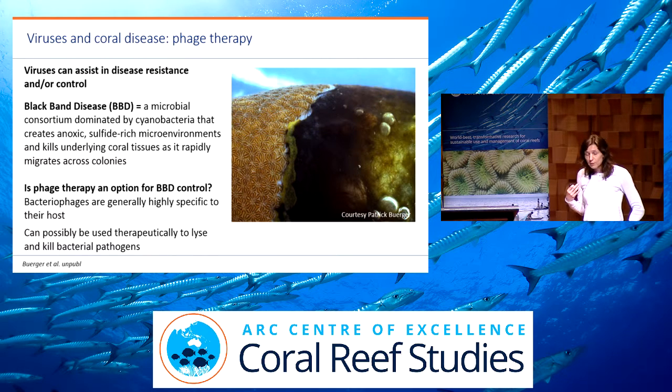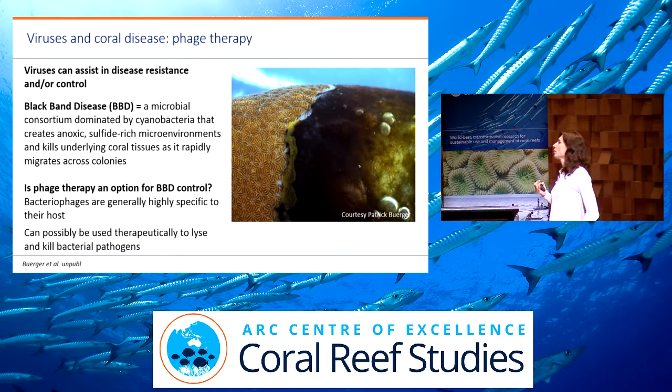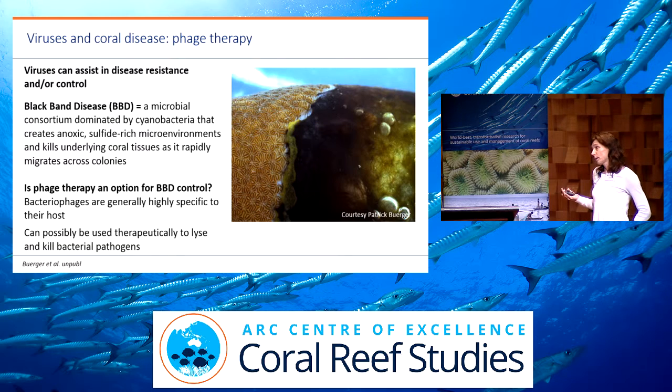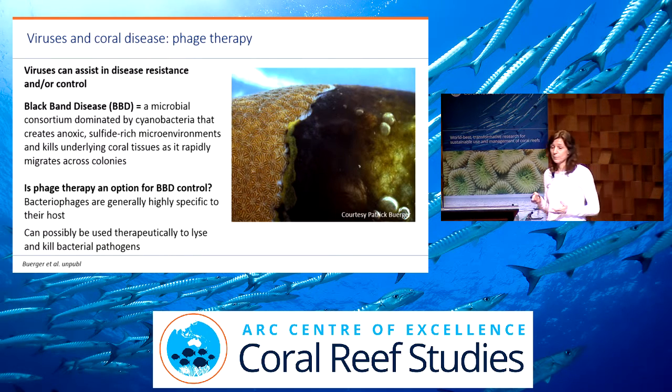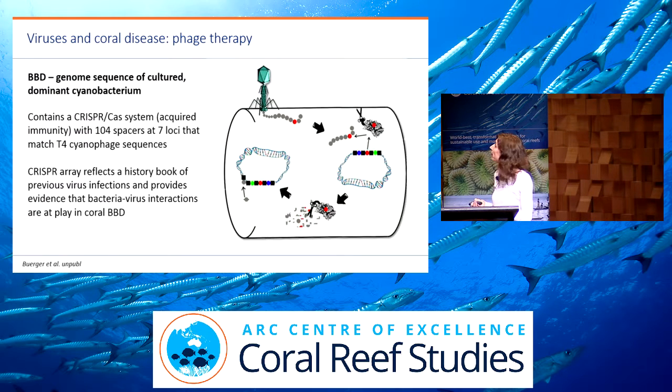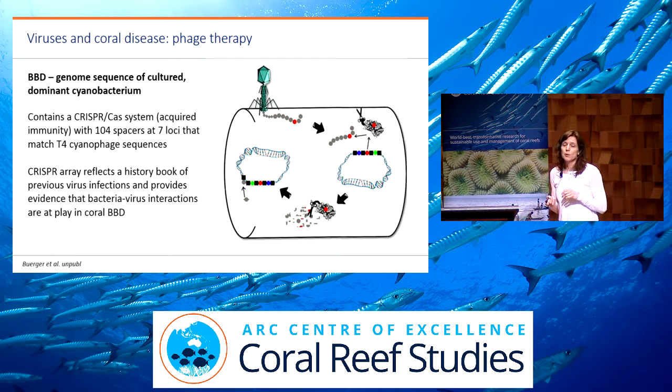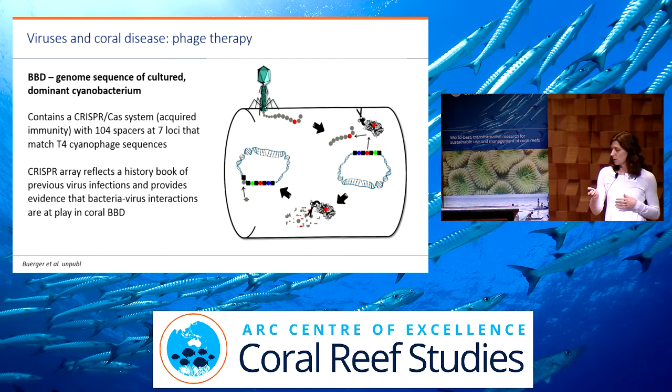We know that bacteriophages are often very specific to their host, and so they can possibly be used therapeutically to lyse and kill bacterial pathogens and perhaps cure and prevent disease. First of all, Patrick cultured the dominant cyanobacterium from black band disease, and he sequenced its genome.